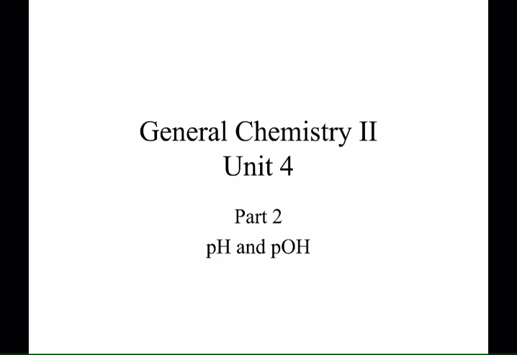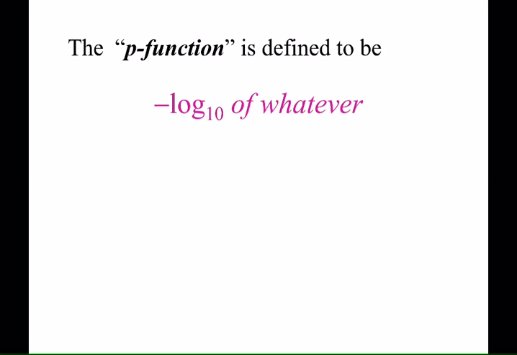It's a P function of the hydrogen ion. So think broader. pH has to do with the hydrogen ion, but P anything, and you saw Friday that we have a column called pKa.